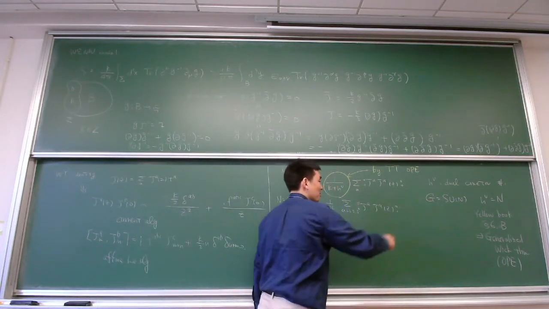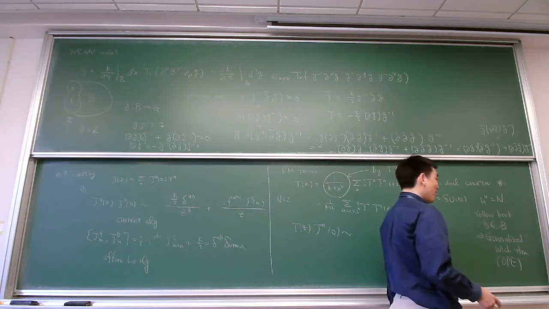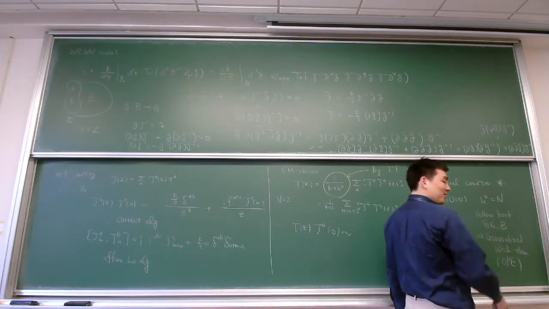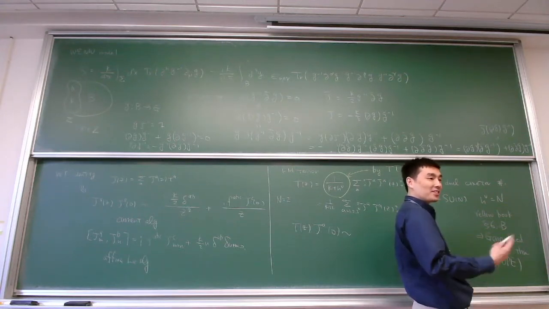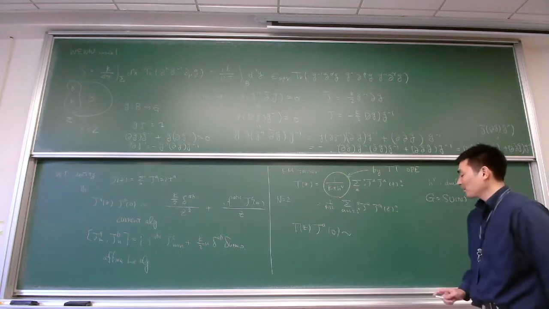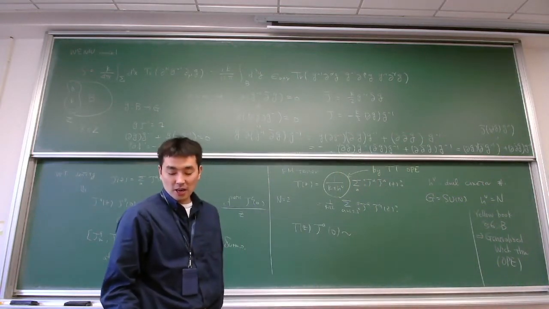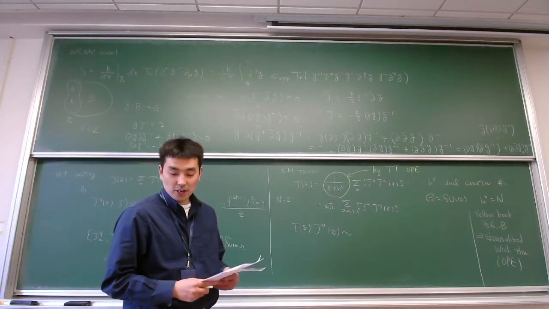So if you think you didn't get the right answer, you should take a look at the yellow book, section 6, and then submit the homework again this week. Indeed, you have to use this generalized OPE to get the right answer.